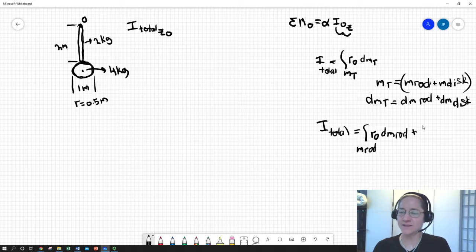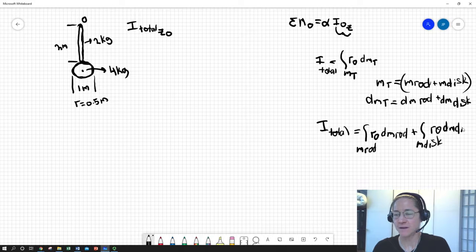The integral of a sum is equal to the sum of the integrals. So plus the integral over the disk, dm disk. So this is nothing more than I rod in the z direction about O, and this is nothing more than I disk in the z direction about O.